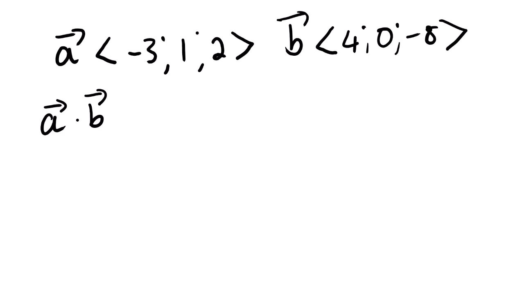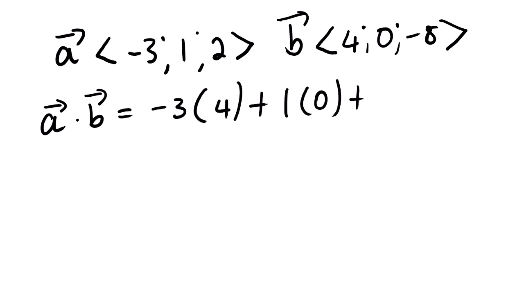With the given three-dimension vectors, vector a and vector b, find the dot product of both of these vectors. So this will be negative 3 times 4, plus 1 times 0, plus 2 times negative 8.